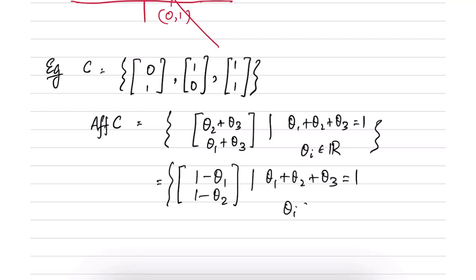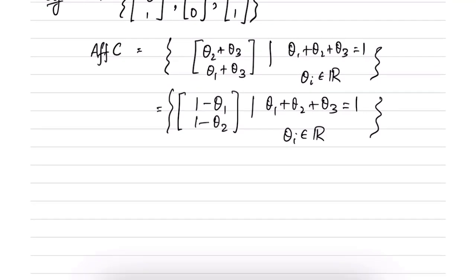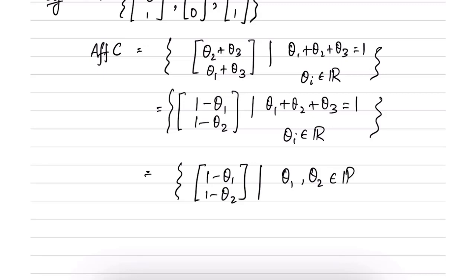Now we can eliminate the constraint theta 1 plus theta 2 plus theta 3 equal to 1 because theta 3 is not appearing in the parameterization of the affine hull of C. If we eliminate theta 3 by taking it equal to 1 minus theta 1 minus theta 2, then this is exactly a set of the form (1 minus theta 1, 1 minus theta 2) such that theta 1, theta 2 are some real numbers.